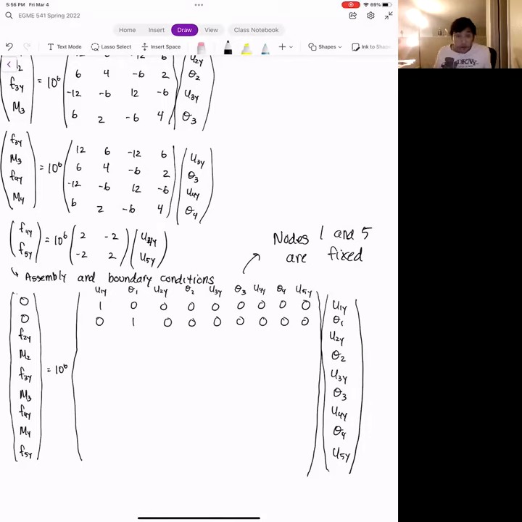That enforces the fixed constraint at node 1. Then we have a fixed constraint at node 5, so that row is 0, 0, 0, 0, 0, 0, 0, 0, 1, and this forcing entry is also 0.